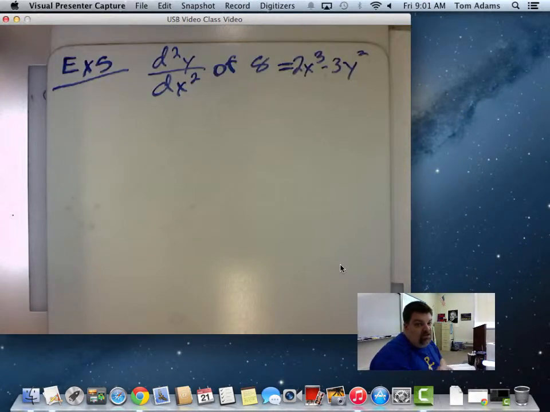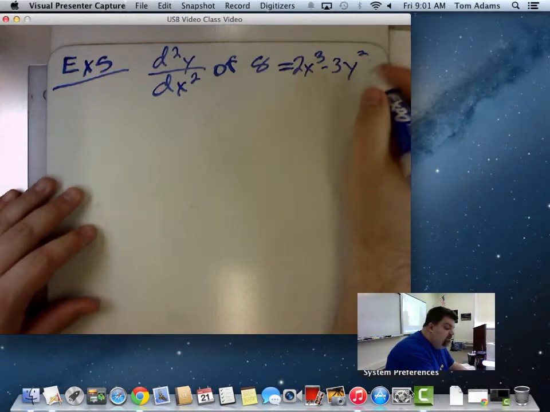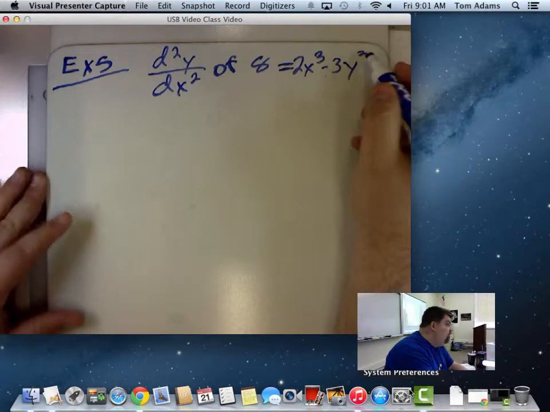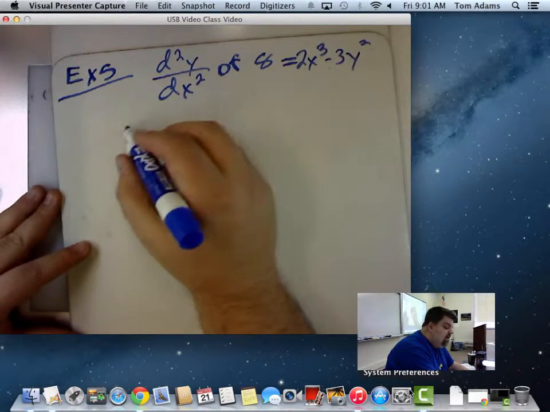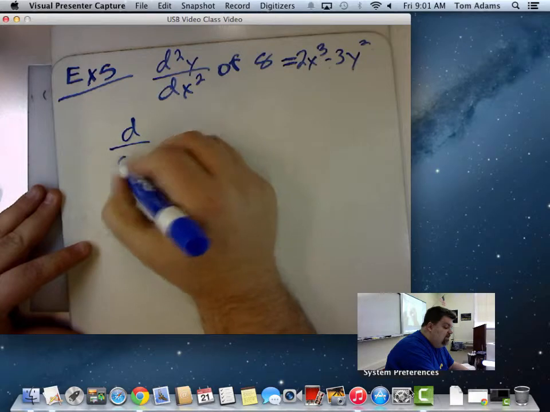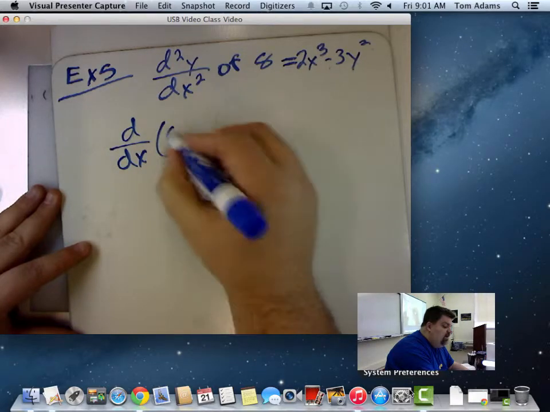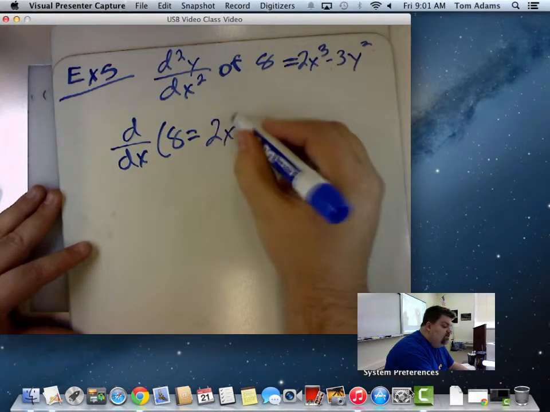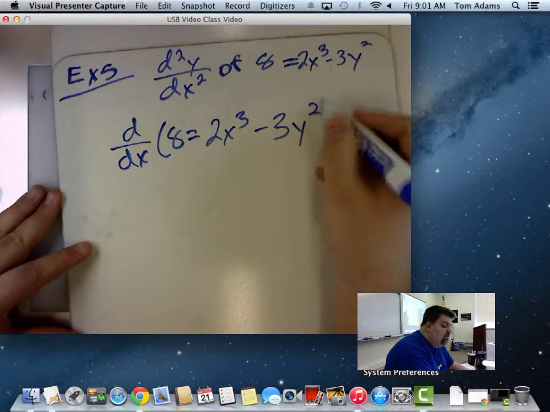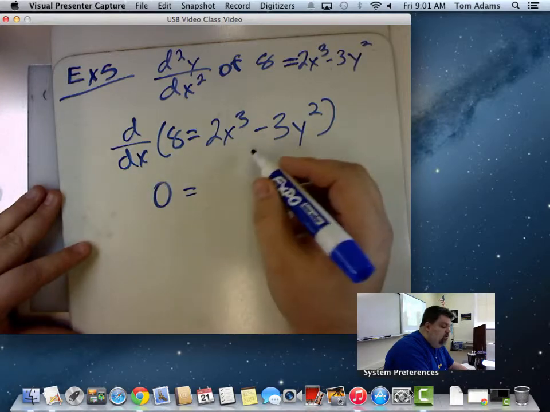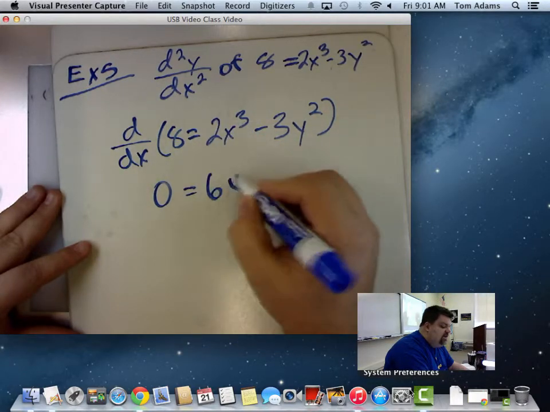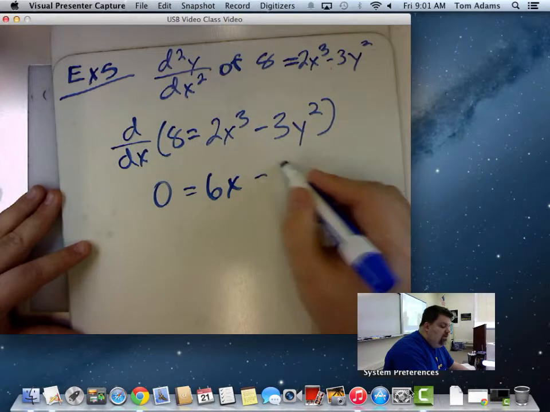So now to differentiate this twice, we have to do it implicitly because y is raised to a power other than 1. And so we still want to find dy/dx. So what we do is we say d/dx of 8 equals 2x to the third minus 3y squared. d/dx of 8 is 0 equals, the derivative of this is 6x squared minus 6y.